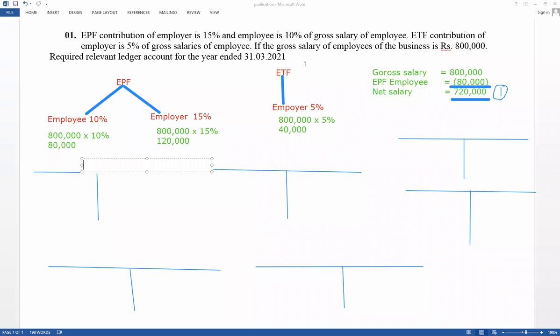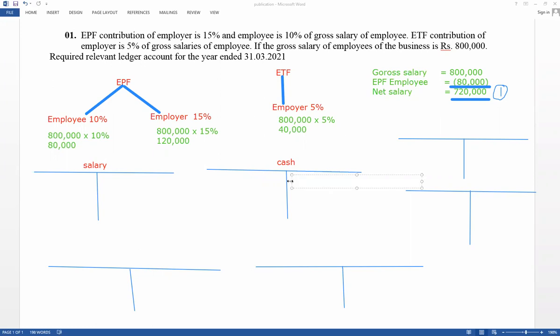This is the salary account, and since it is paid in cash, it is effective for the cash account also. Think double entry. Paid in cash 720,000, the effect is a cash decrease.